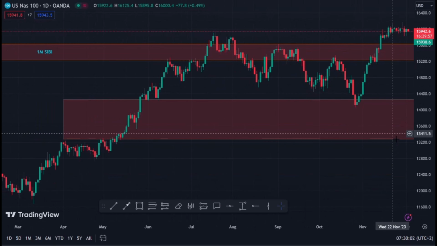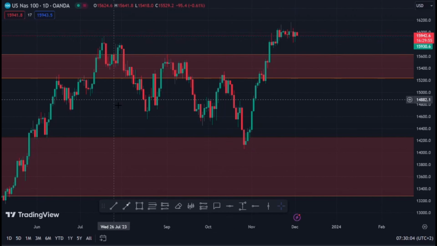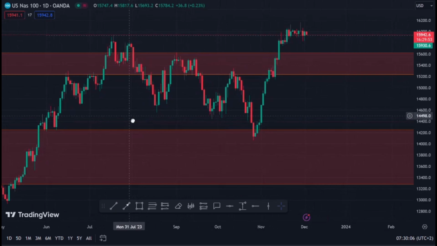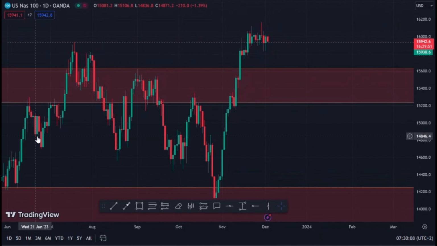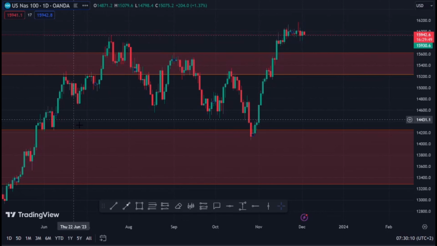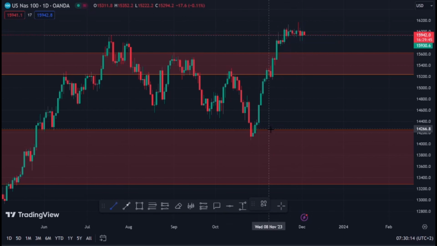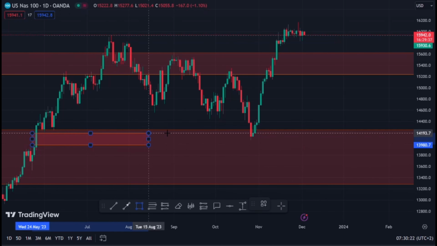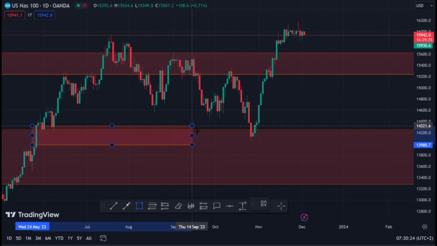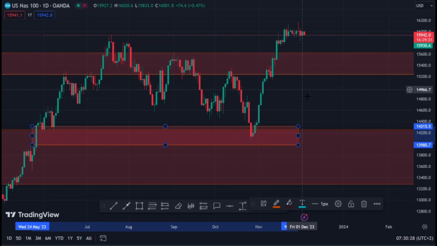What do we see on the daily? Market maker buy model. To really see that this is a market maker buy model, let me show you the juice. First, look here. We had a fair value gap right here.